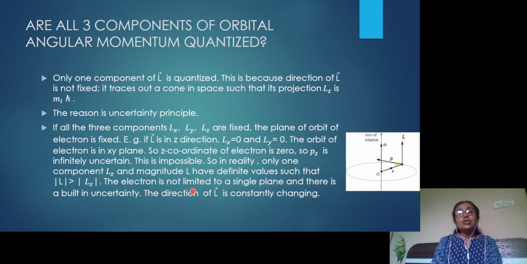The electron is not limited to a single plane, and there is a built-in uncertainty. The direction of L bar is constantly changing, such that the vector L bar is precessing, having a precessional motion like a top around the direction of B bar, that is the direction of applied magnetic field.